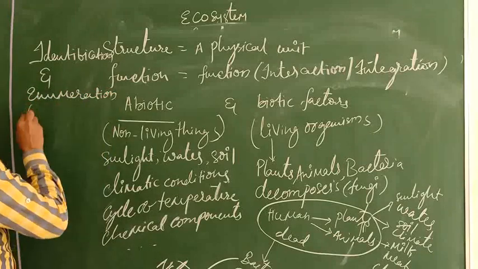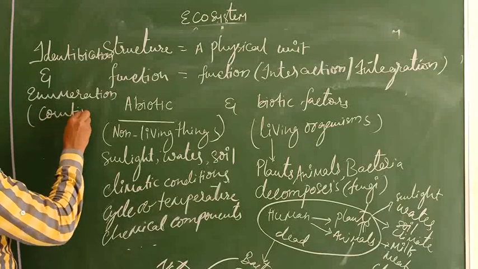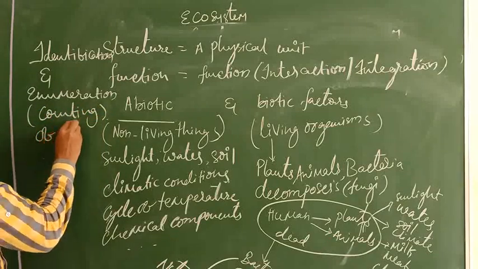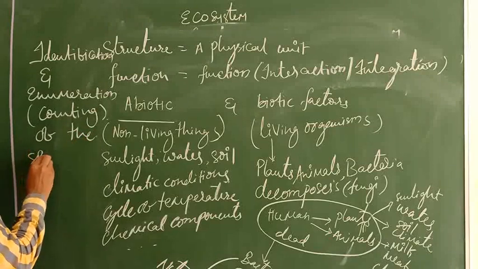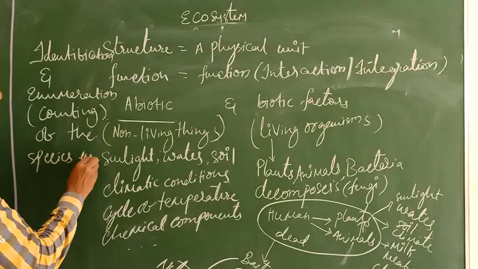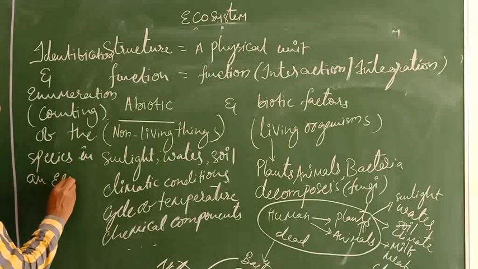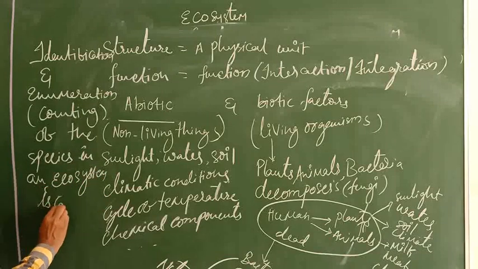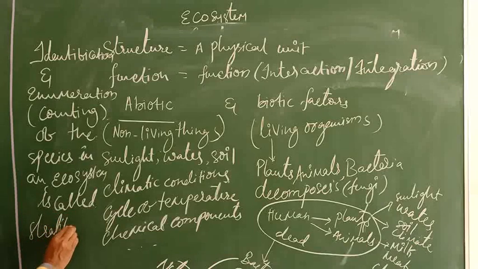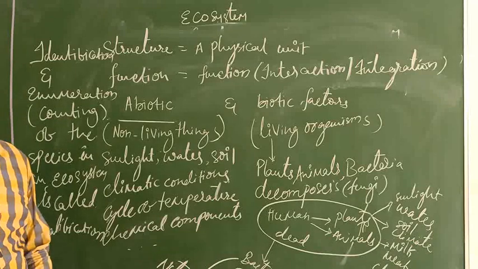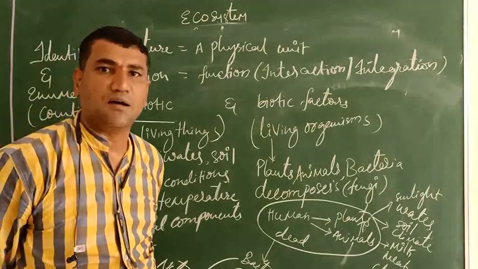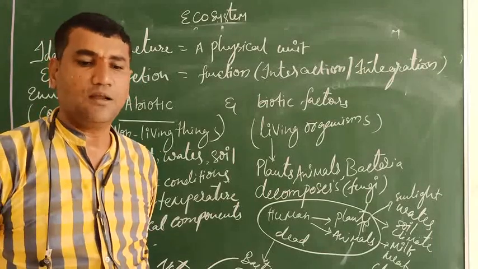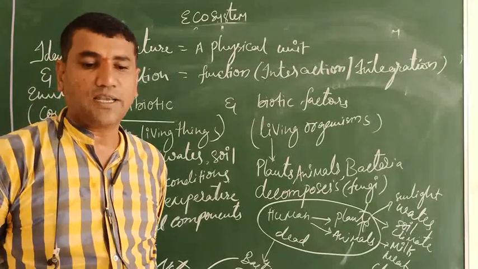Enumeration means counting of the species in an ecosystem, and arranging them is called stratification.